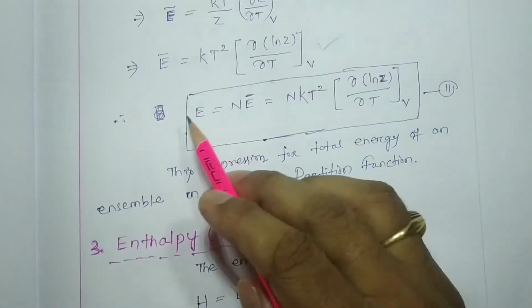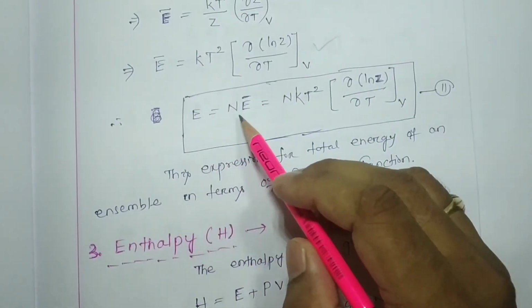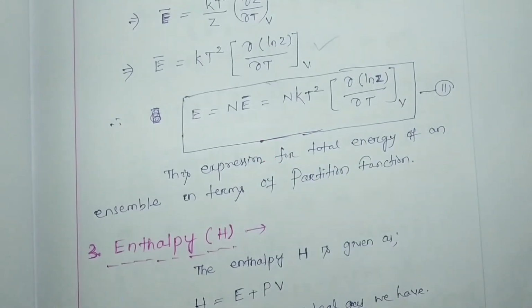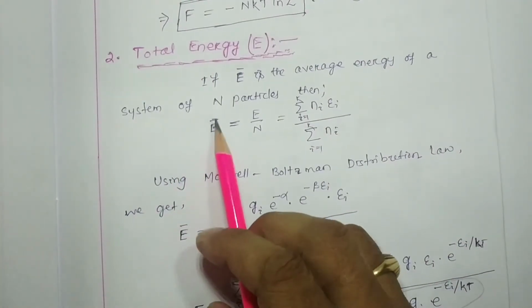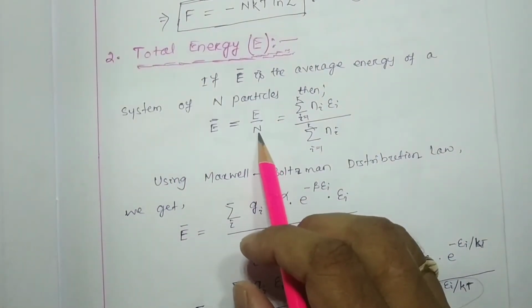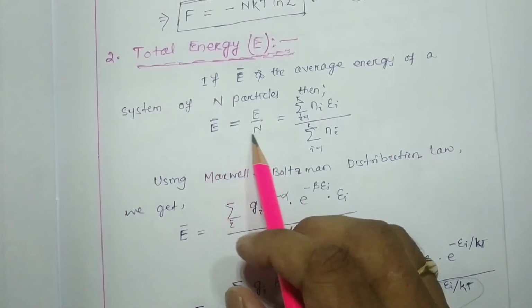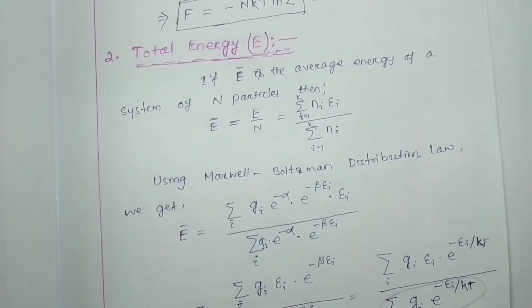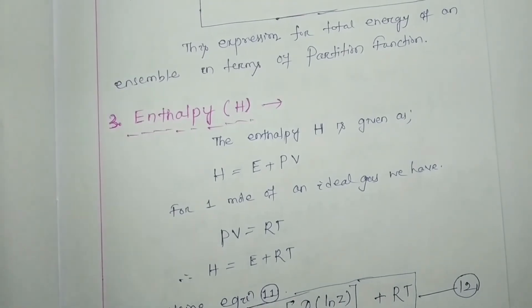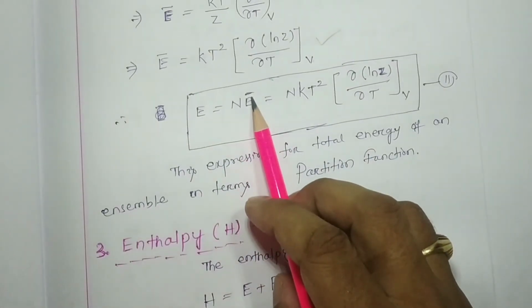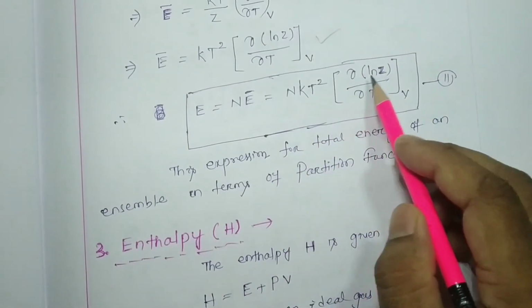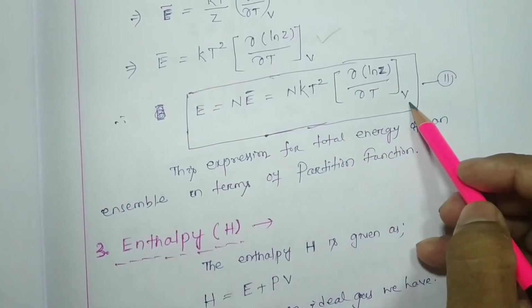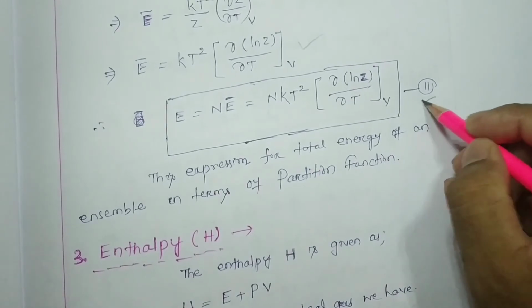So E, the total energy: average energy will be total energy by total number of particles. Total energy will be average energy into total number of particles, that will be n into E average. It will be n kT square del ln z by del t at constant v. Let it be your equation number 11.